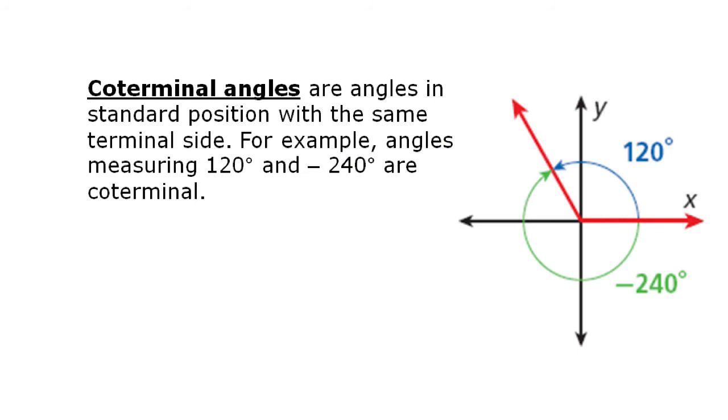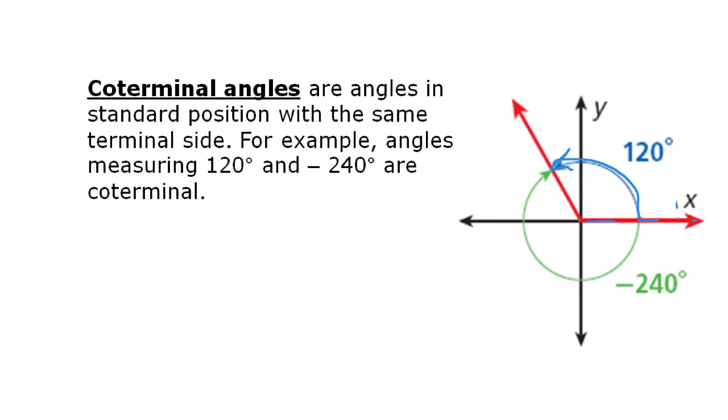So landing in the same spot, like we said on this angle here, sitting at 120 degrees, well, if I start here and finish there, there's actually an infinite number of ways in which that could happen. One is the obvious way, which is just to rotate 120 degrees as we see the blue arrow showing us here, 120 degrees rotation.